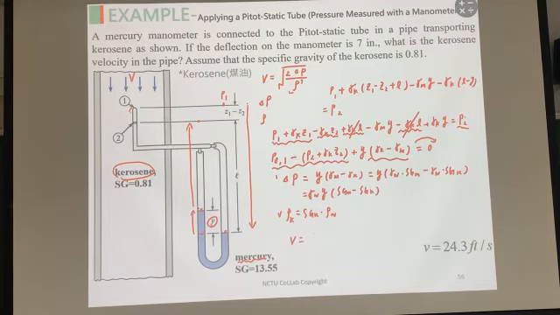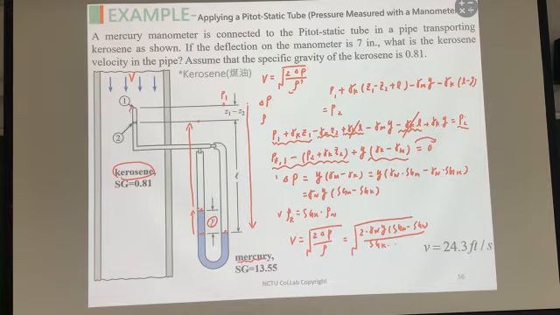So follow this equation. We can have V is the square root of 2 times delta P divided by rho, and we put the delta P and the rho inside these equations. So we have 2 times gamma W Y, SGN minus SGK, divided by rho.